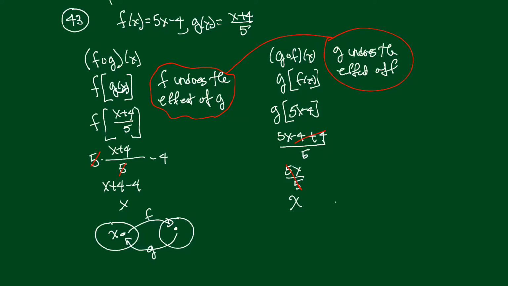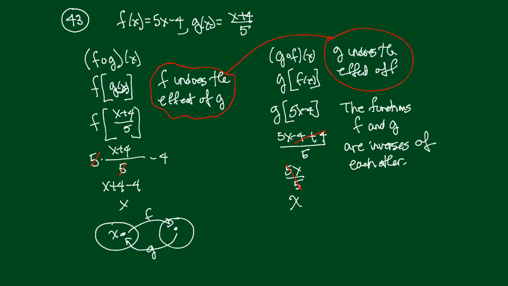And when that happens, we say this: the functions f and g are inverses of each other. So f undoes the effect of g, and likewise g undoes the effect of f. And when both of those are true, we say that these functions f and g are inverses of each other. That means they're undo functions. One function undoes the other.